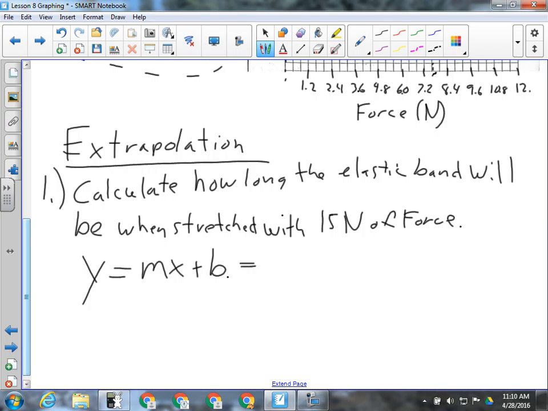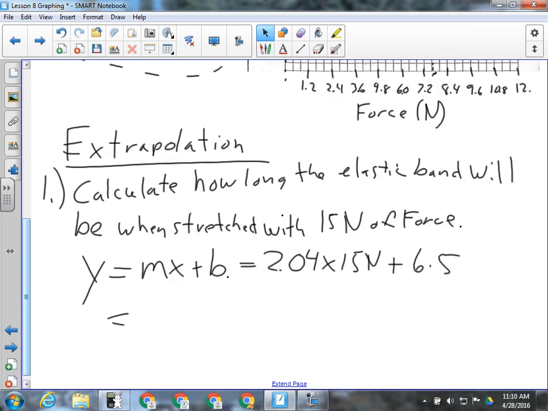For me, that's 2.04, and for you, whatever your slope came out to, times x, which was 15 newtons, and adding 6.5 to that. I have to add how long the rubber band was at the beginning. Here's how far I'm going to stretch it, plus how long it was to start with. Does everyone follow that? Okay.